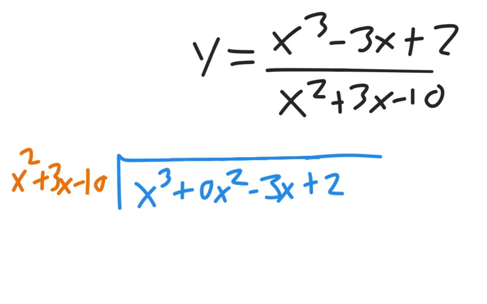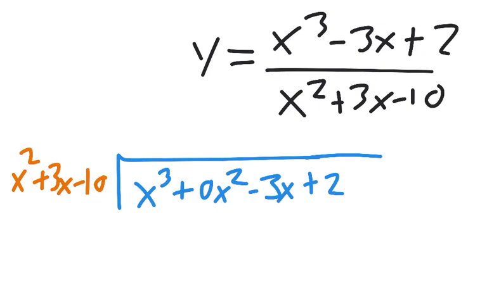Think about when you divided in elementary school, right? You took the first thing out here and you wanted it to match the number inside here. So for instance, if I did 3 divided by 9, 3 times what gives me 9? 3 times 3 is 9.